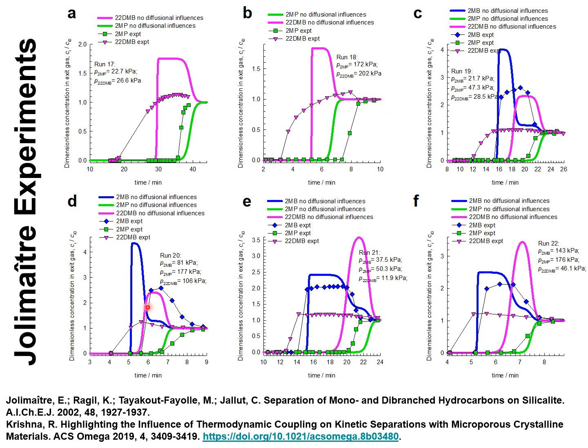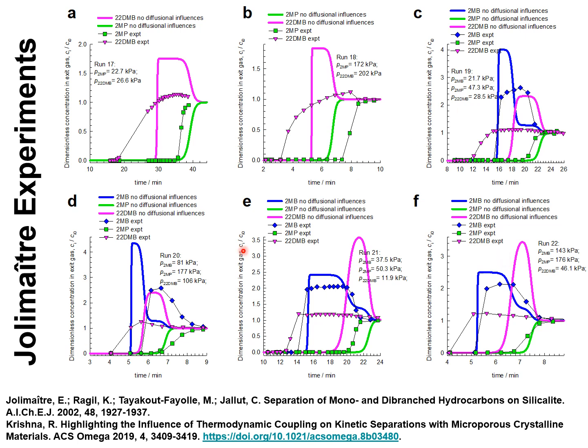The experiments shown here, these four experiments, runs 19, 20, 21 and 22, are for ternary mixtures of 2-methylbutane, 2-methylpentane and 2,2-dimethylbutane.